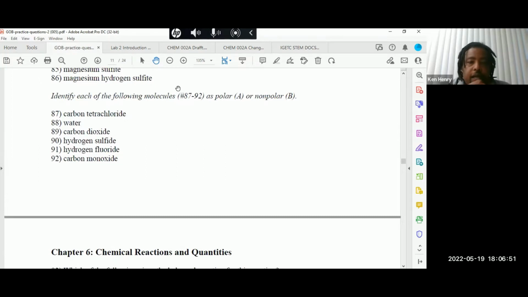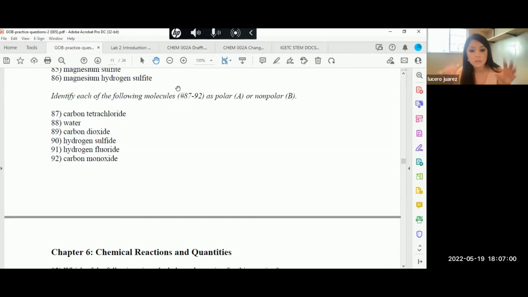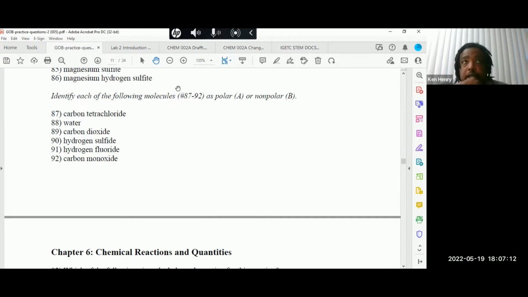Identify the following molecules as polar or nonpolar. A good way of remembering whether it's going to be strongly electronegative or not is to take a look at where it's located on the periodic table.